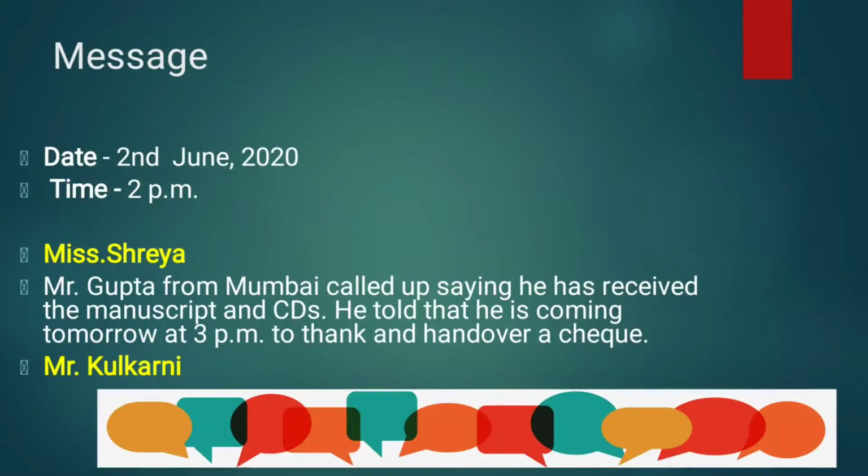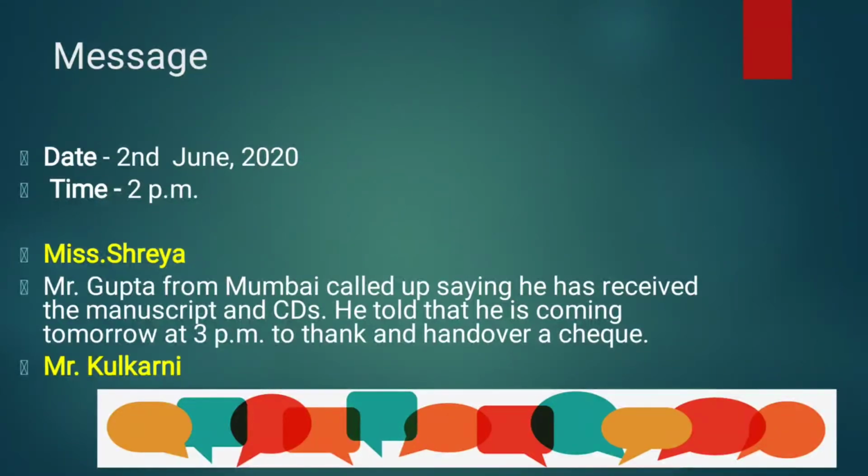And the message is, date 2nd June 2020, time 2 p.m., and Mr. Kulkarni has drafted this message to Miss Shreya. So here the receiver is Miss Shreya. Mr. Gupta from Mumbai called up saying he has received the manuscript and CDs.